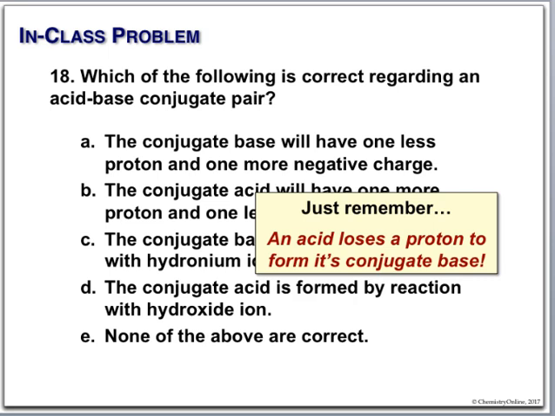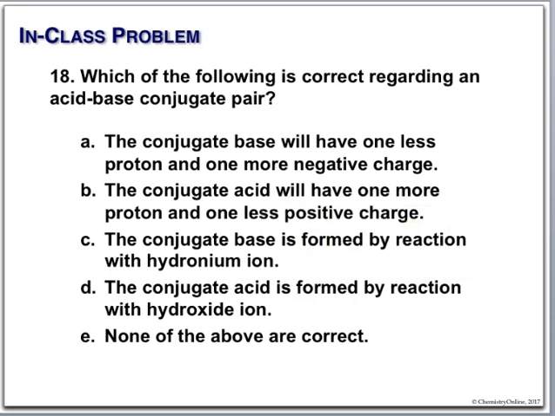So as we look at these, conjugate base will have one less proton. Well, that sounds good. Conjugate acid will have one more proton. Well, that's not right. By reaction with hydronium, that's stupid. And D, well, that's even sillier. This is hydroxide. The correct answer, of course, is A. It will have one less proton and one more negative charge.